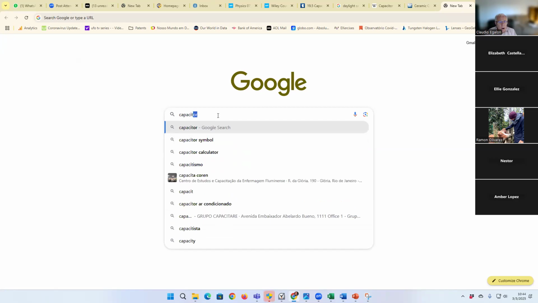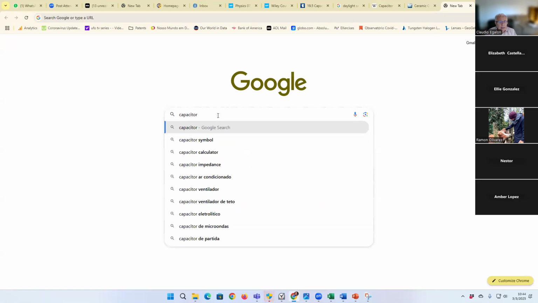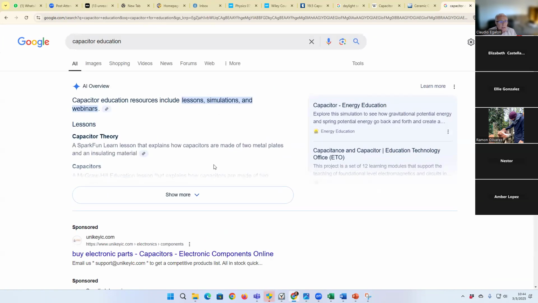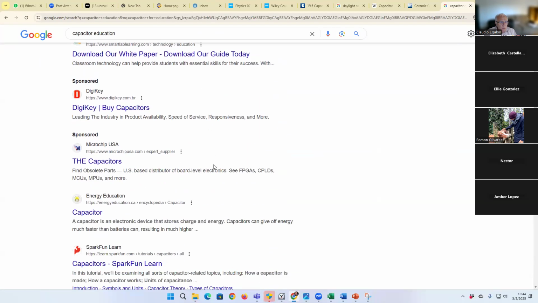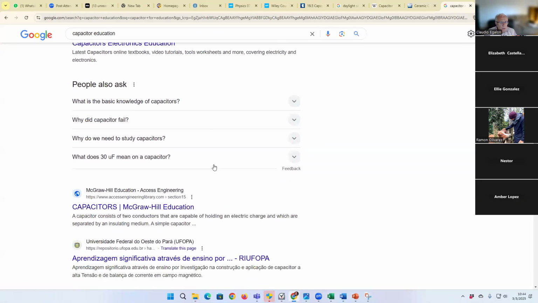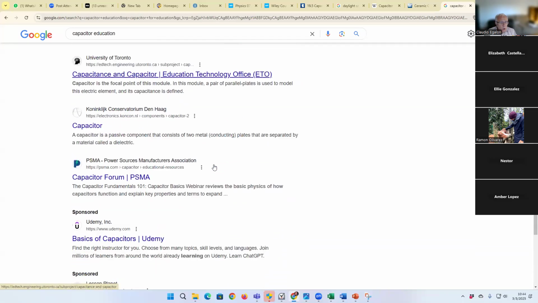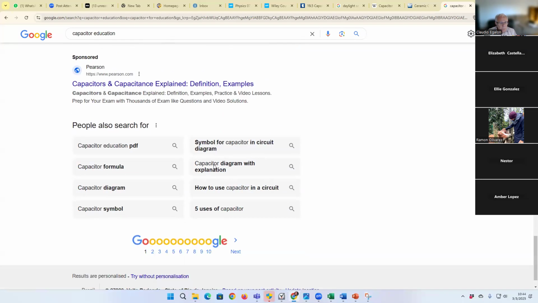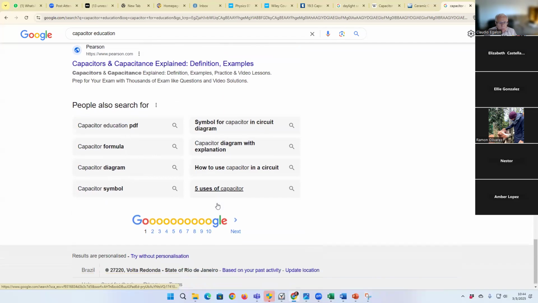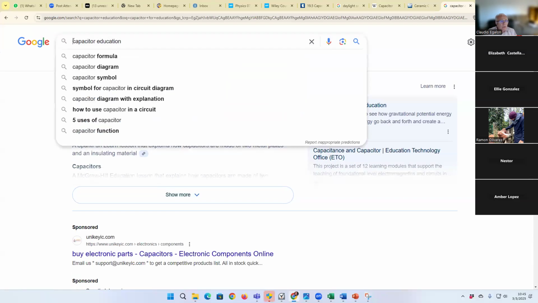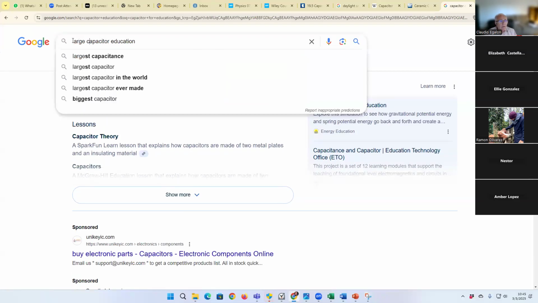Capacitor for educational purposes. Large capacitors.